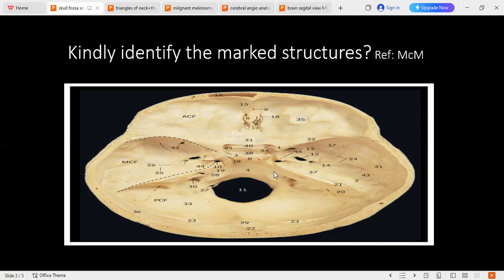Also the sphenoparietal sinus at 29. Also the cavernous sinuses on the lateral side of the sella turcica, and also the sigmoid and straight sinus. No, that cannot be seen in the bone. It's running on the dura.